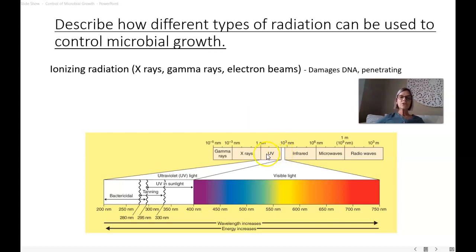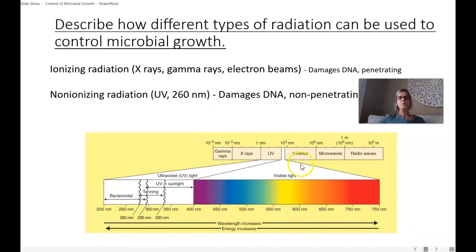Now, if we go to lower wavelengths, we get into something called UV, or ultraviolet light, and that's expanded out here. This is what we would call non-ionizing radiation. The non-ionizing radiation is what we would call UV light.